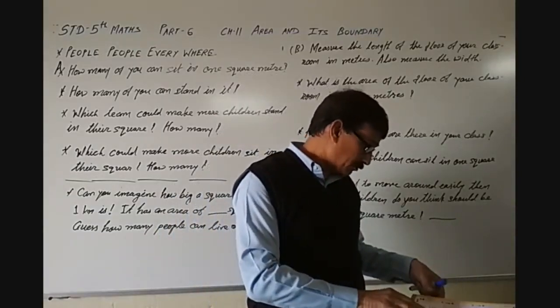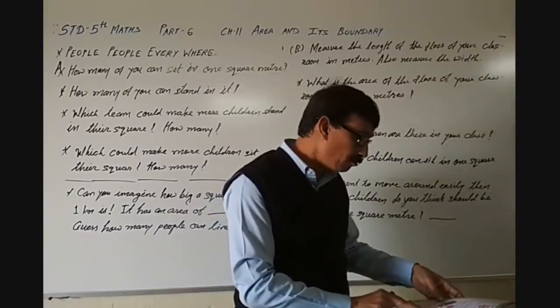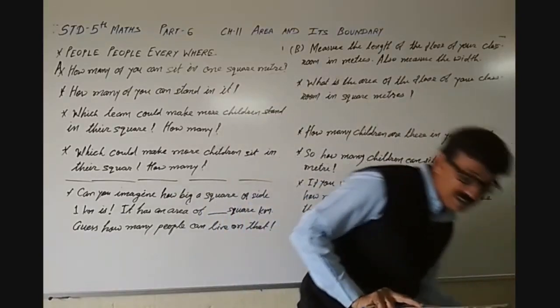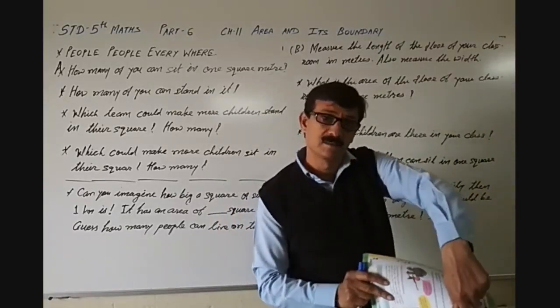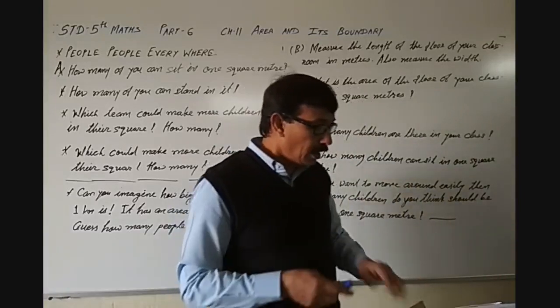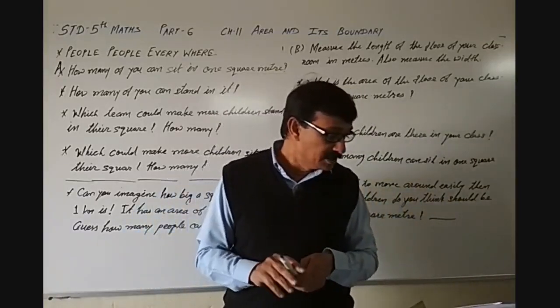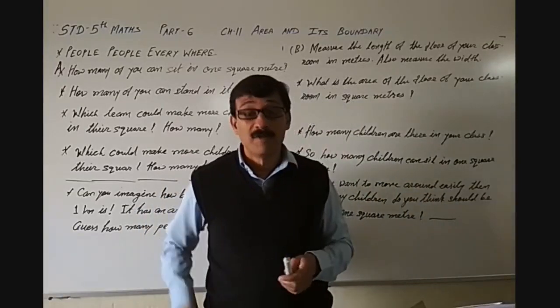Okay. Suppose, see, we will not be able to perform this activity by this time, so we have to guess. Suppose 3 of us can sit in 1 square meter.